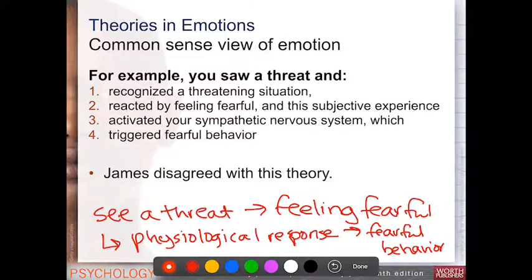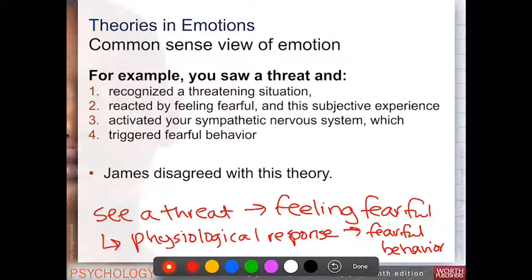And so William James did not believe that this is actually the case. So he didn't believe in the order in which this theory, this common sense view, works. And so that's kind of where we're going to see the differences between these three or four different theories, is the order. Everyone knows that, okay, there's a physiological response, there's a threat, there's the subjective feeling of fear, like I am scared, right?